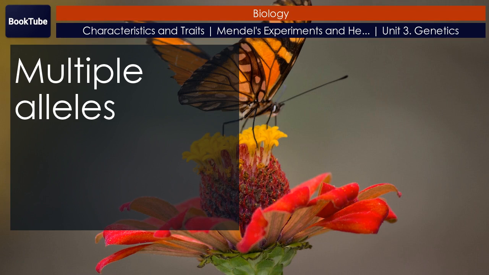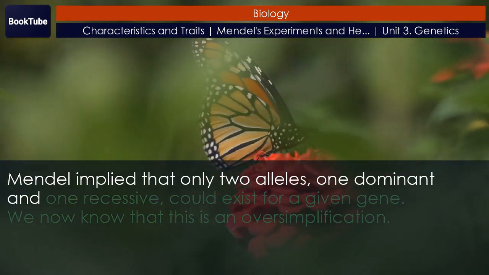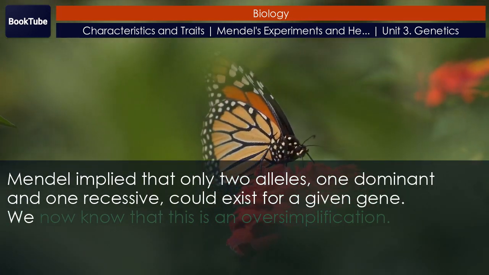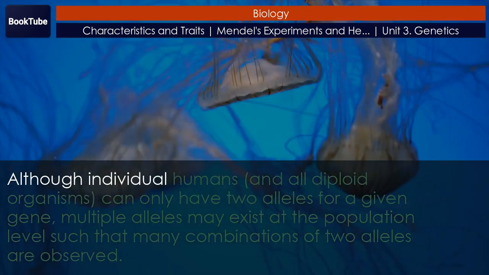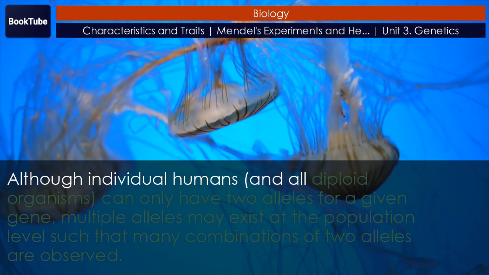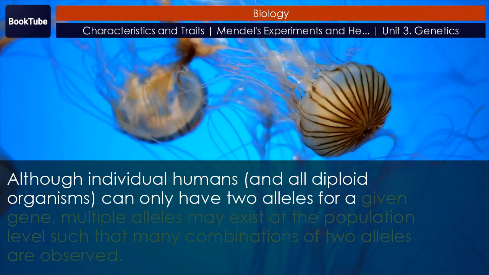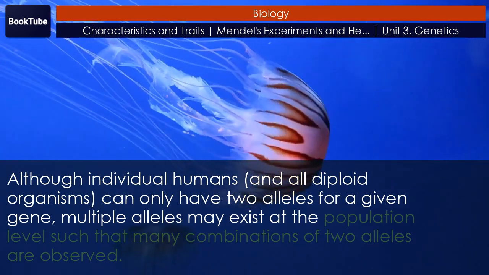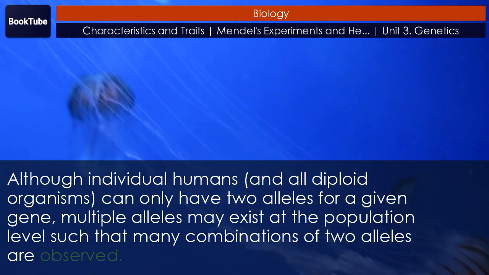Multiple alleles. Mendel implied that only two alleles, one dominant and one recessive, could exist for a given gene. We now know that this is an oversimplification. Although individual humans, and all diploid organisms, can only have two alleles for a given gene, multiple alleles may exist at the population level such that many combinations of two alleles are observed.